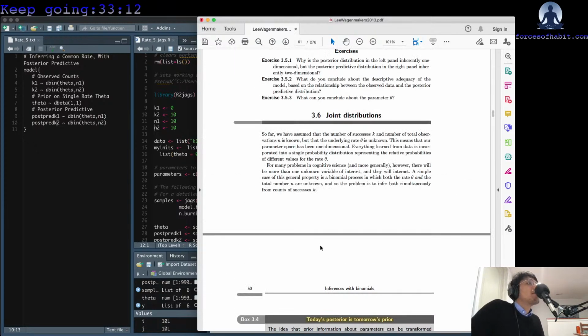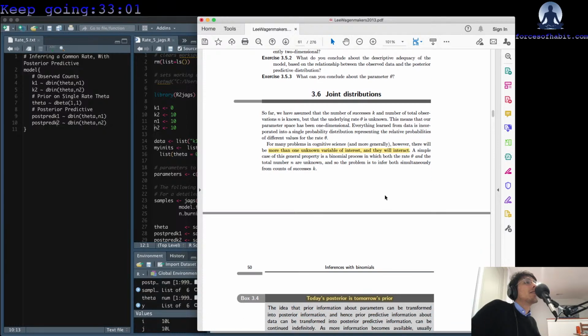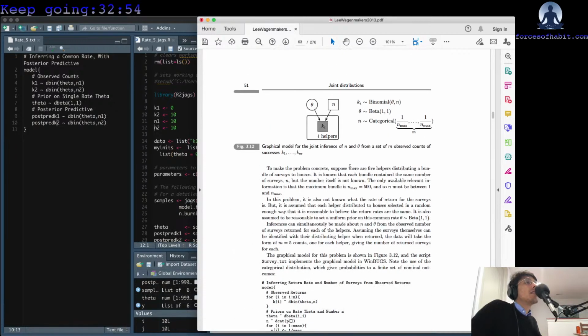What is the example? There are always more than one variables of interest that interact. So this time, we don't know how many total samples we have. We just have information about the number of successes. Suppose there are 5 helpers distributing a bundle of surveys to a house.